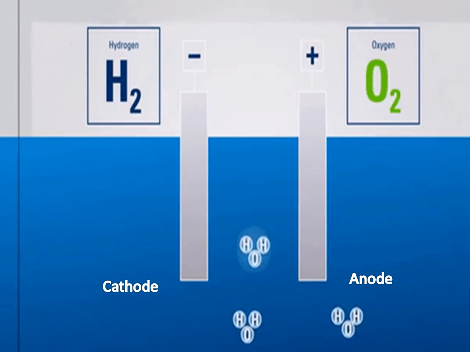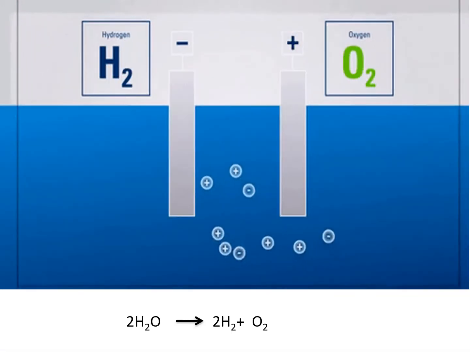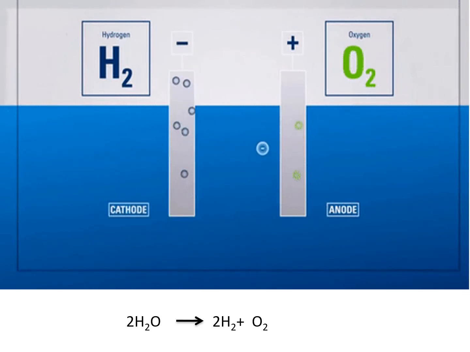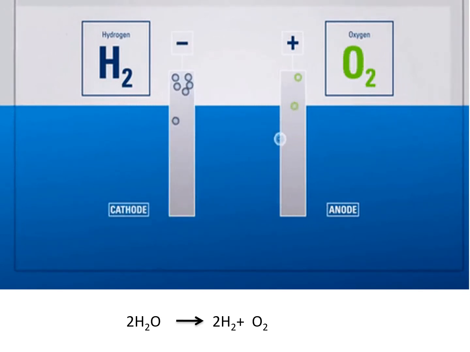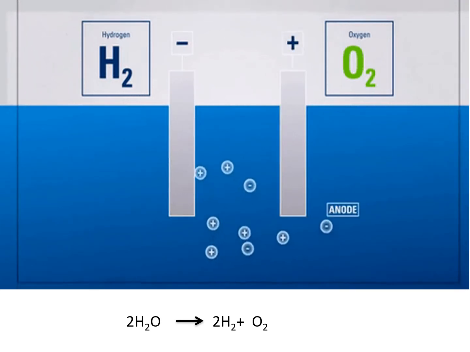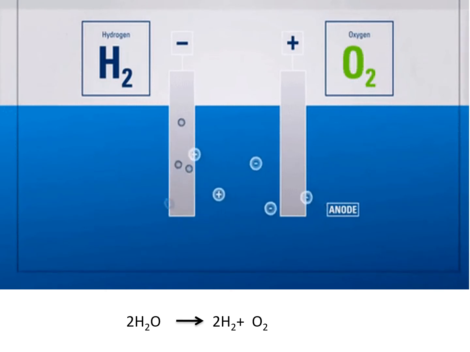Here we have an anode and a cathode, and we have added water in this. Because this decomposition takes place, hydrogen moves towards the cathode and oxygen moves towards the anode, thereby bringing about the separation of the atoms which form this water.